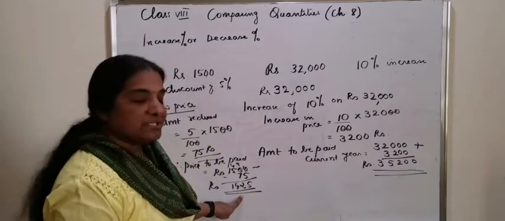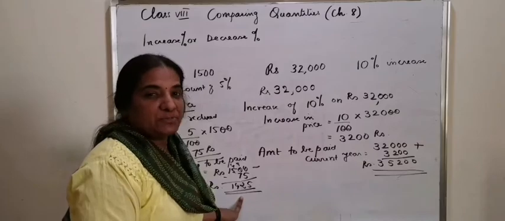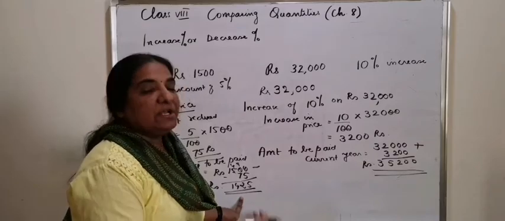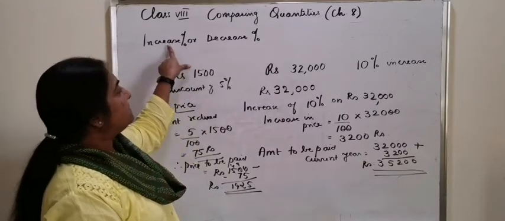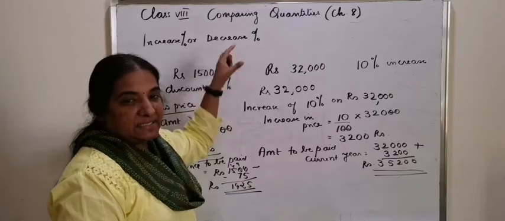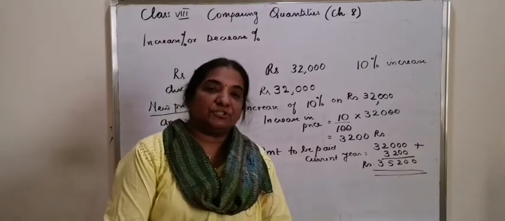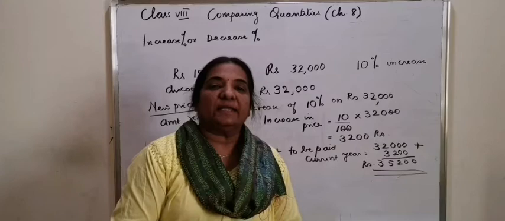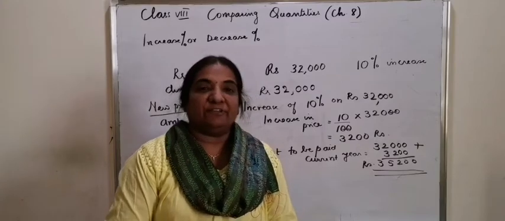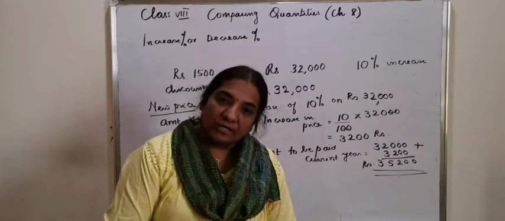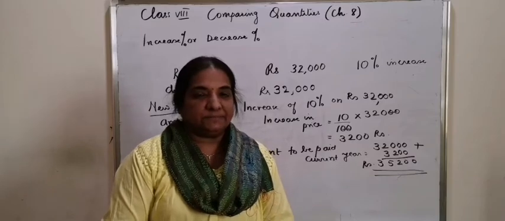That means the shirt is now available for rupees 1,425. So this is the concept of increase percent or decrease percent. That means when the percentage is given to you, how do you calculate the new price, whether it is an increase percent or a decrease percent?